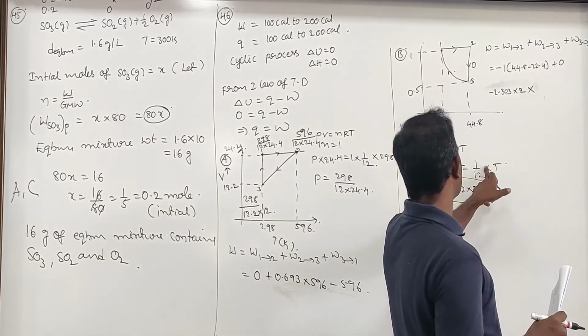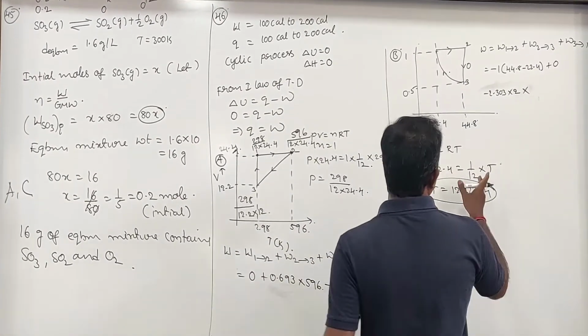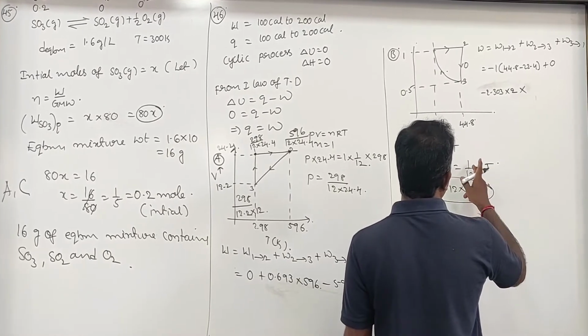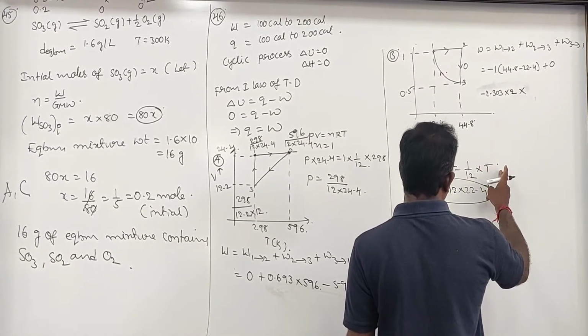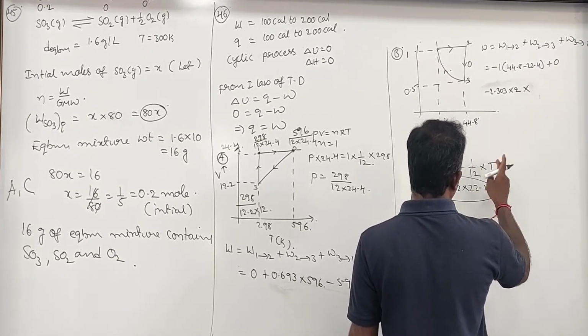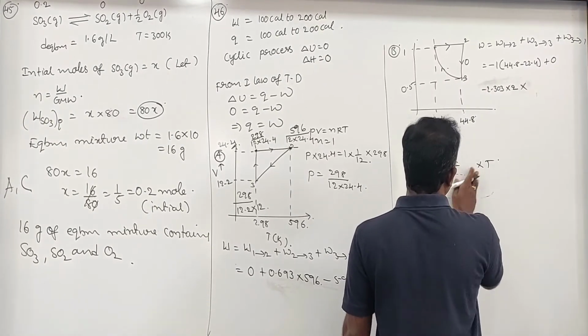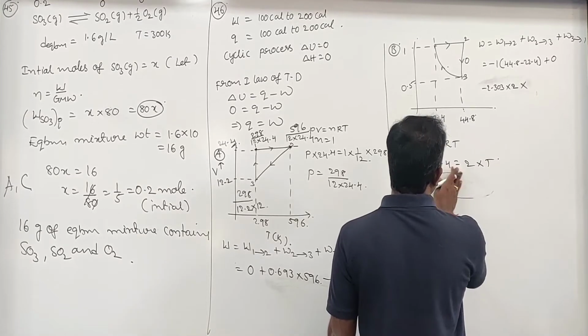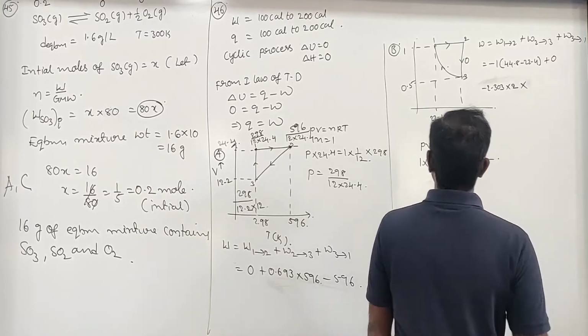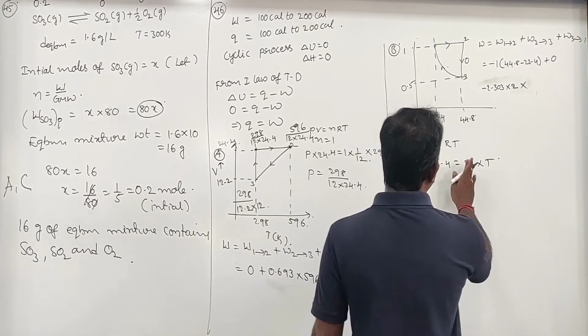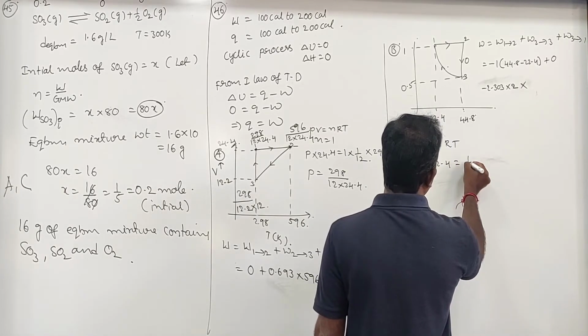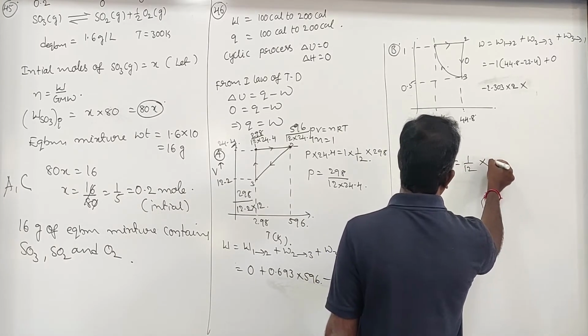This will be equal to liter atmosphere Kelvin inverse mole inverse, and calorie Kelvin inverse also will come. So you can take it as 2. The temperature will be equal to, pressure 1 atm. If it is 1 atm, therefore I have to take 1 by 12 into T.